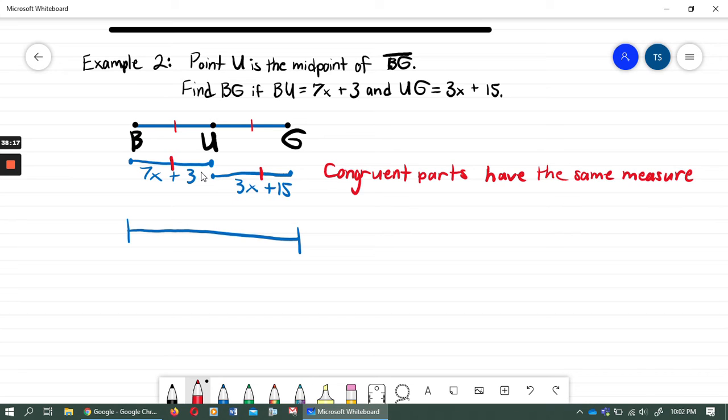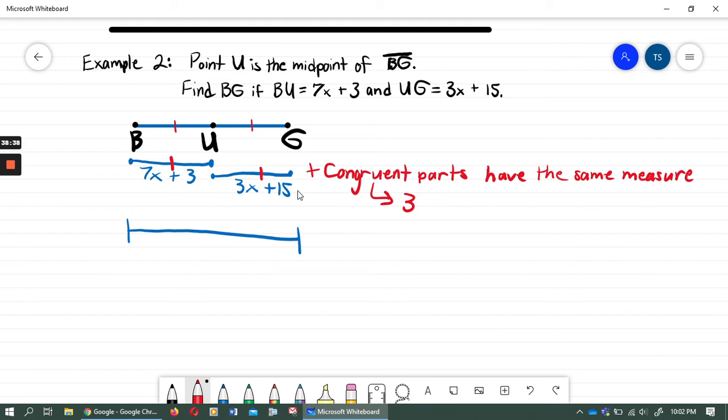So if those congruent parts have the same measure, that means that technically the length for that first segment has to be equal to the length for that second segment, right? It doesn't matter what order we do it in.